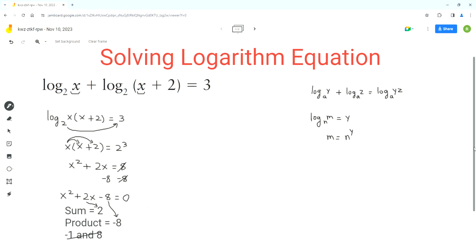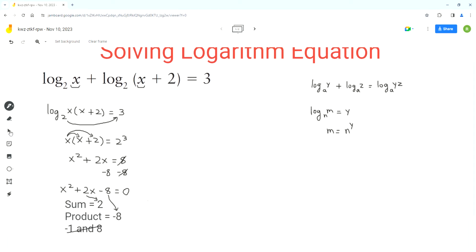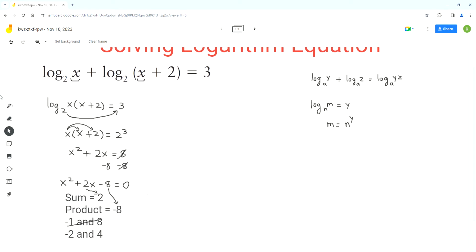The second pair that comes to my mind is negative 2 and 4. Negative 2 plus 4 is equal to positive 2, and negative 2 times 4 is equal to negative 8. So that means the two numbers we are looking for are negative 2 and 4.